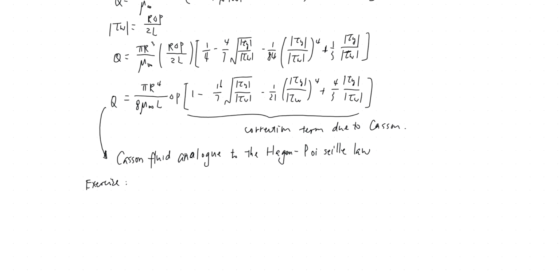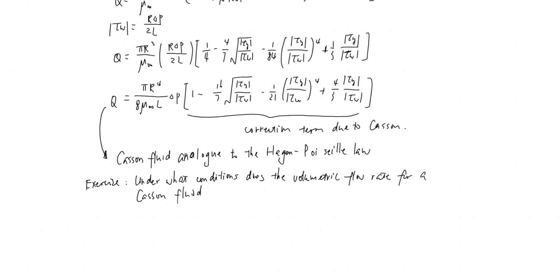Think about it: under what conditions does the volumetric flow rate for a Casson fluid, this Q we just saw, reduce to that for a Newtonian fluid?